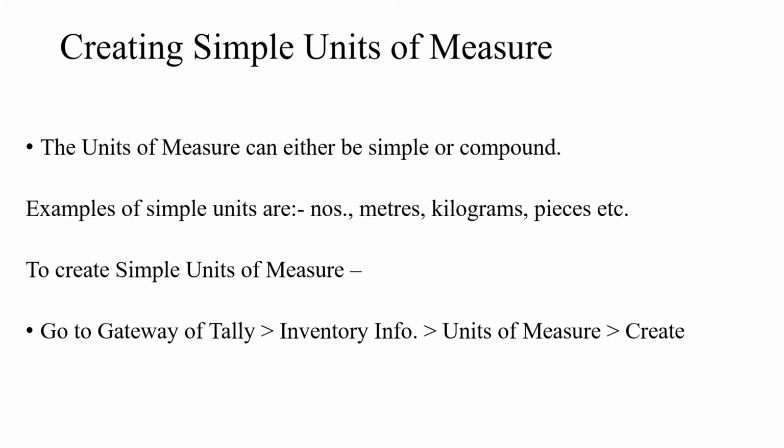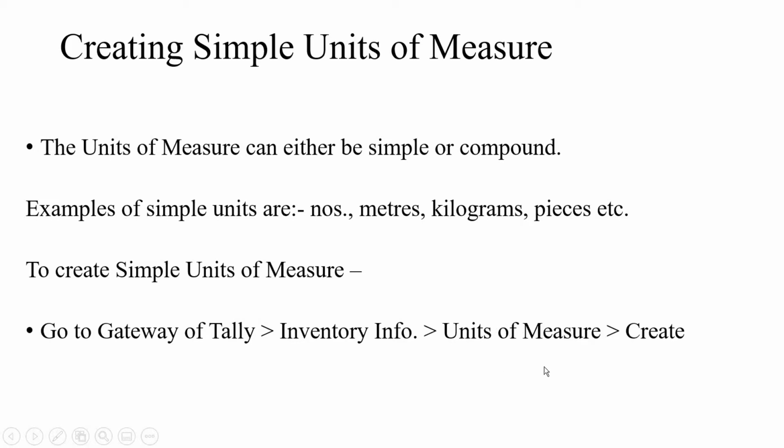Let's see the simple units of measure, how to create them. Units can be measured either using simple or compound, right? Examples for the simple units will be numbers, meters, kilograms, pieces, liters, etc. To create simple units of measure, again we have to begin from Gateway of Tally, Masters, Inventory Info, Units of Measure.